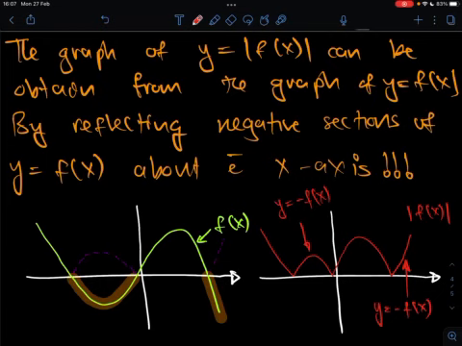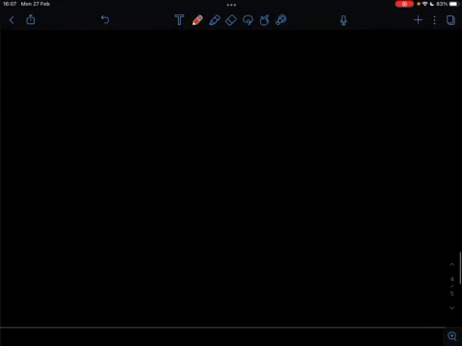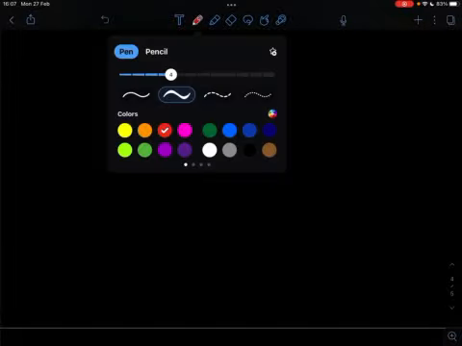In order to see and practice how this works, let's look at different examples on how to sketch absolute functions. The first example that we're going to look at is as follows.